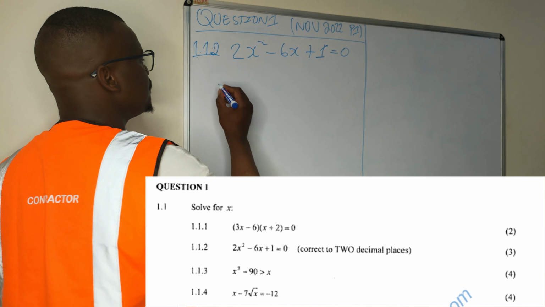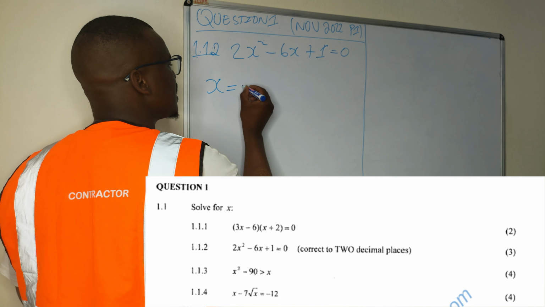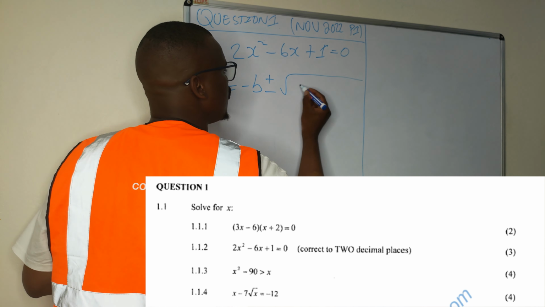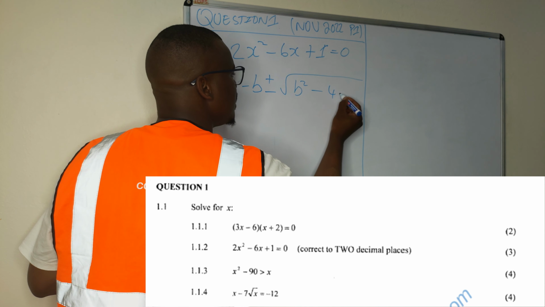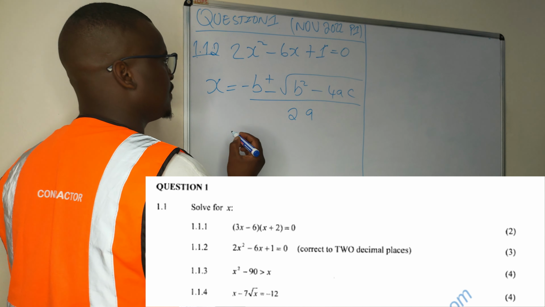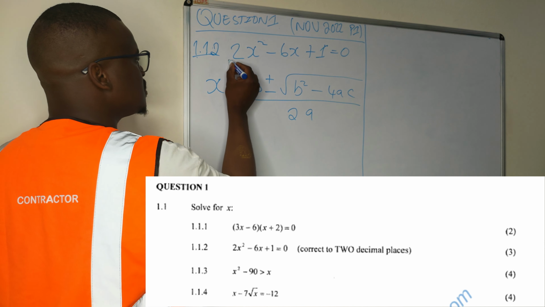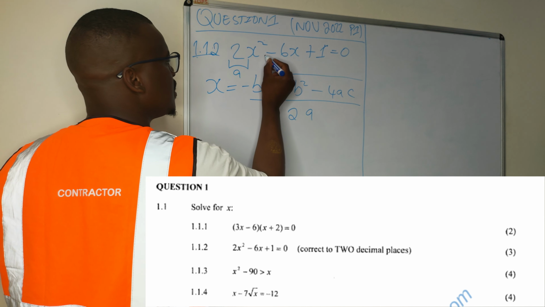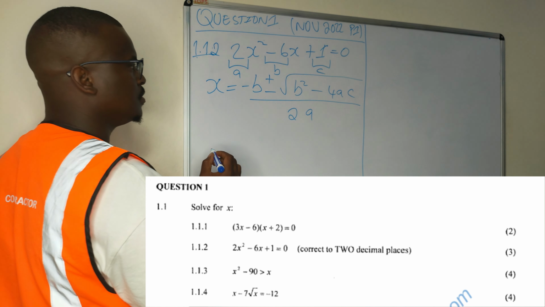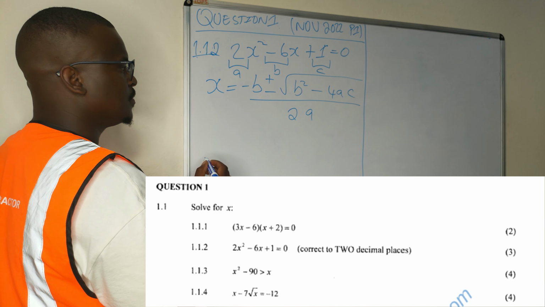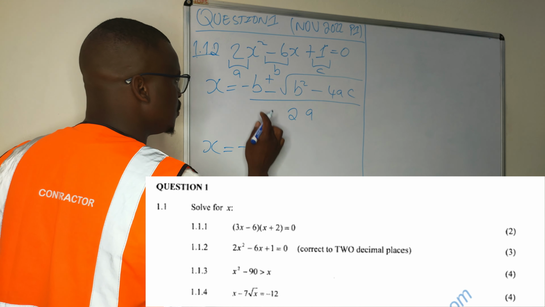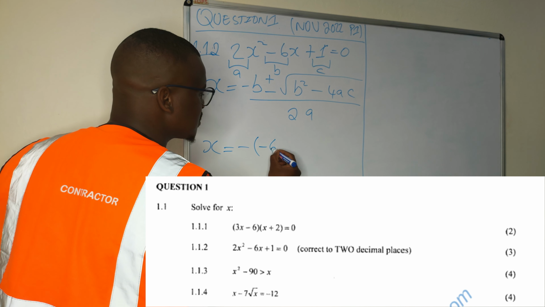So my quadratic formula is x equals negative b plus or minus the square root of b squared minus 4ac, all over 2a. This part here is your a, this part is your b, and that part is your c. So x is equal to negative b. What is your b? Your b is minus 6.